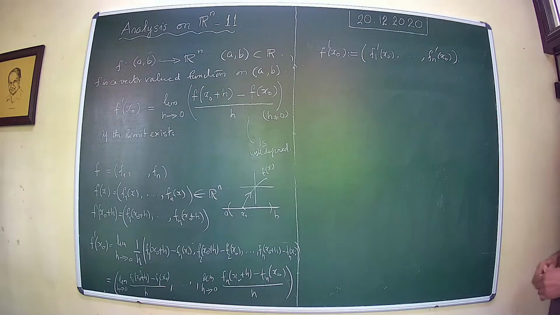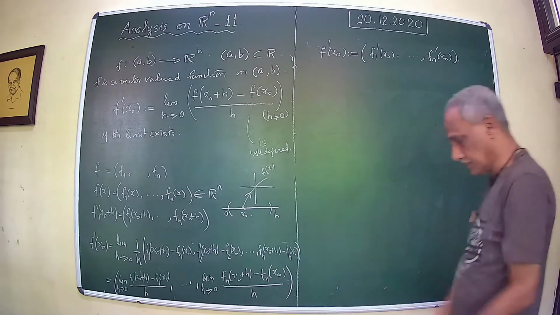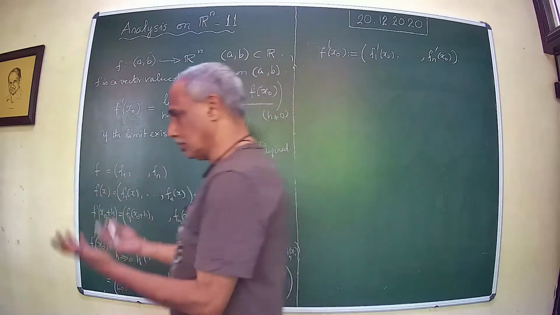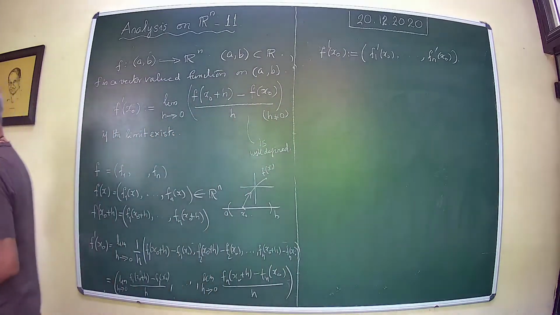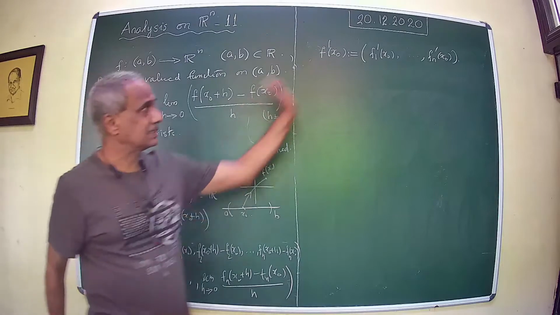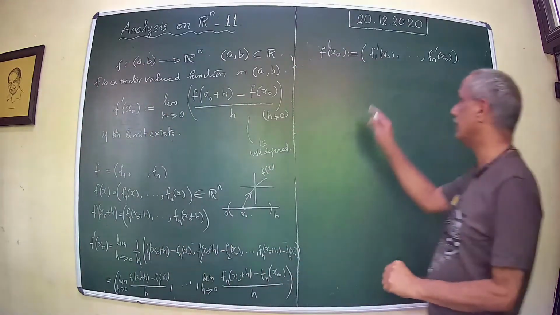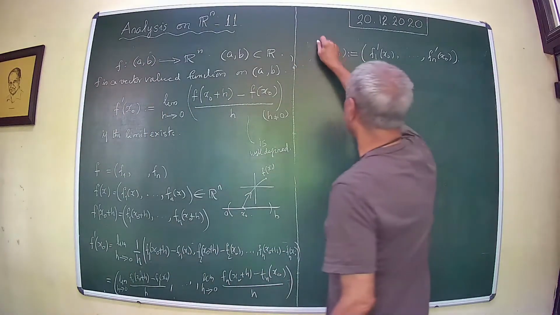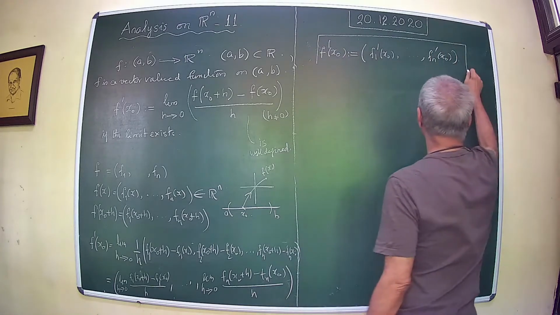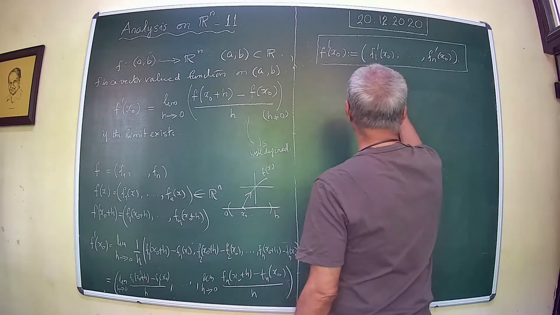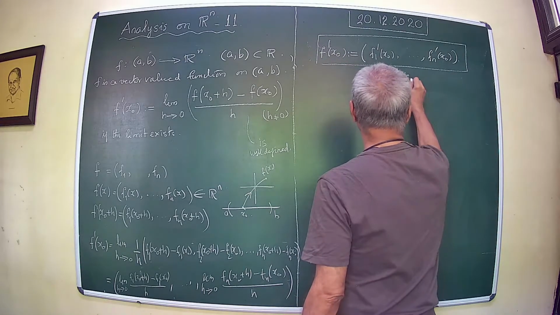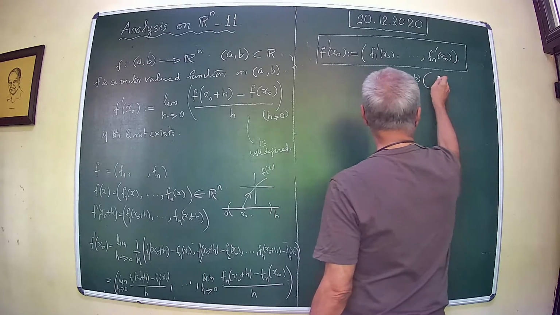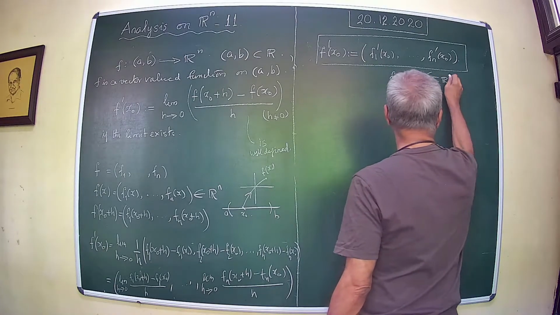Each component is a real valued function. You already know what you mean by the derivative of that, and that is well defined. So you get this. This is the formula that works for functions defined from interval AB to R^n.